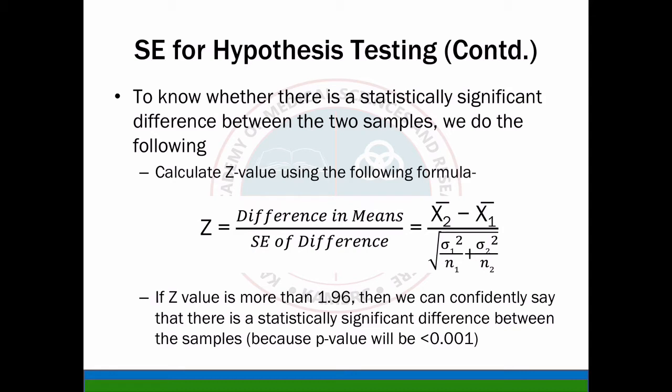If the Z value is more than 1.96, then we can confidently say that there is a statistically significant difference between the two samples. Then, when we calculate the p-value, it will be less than 0.001. That is, it is significant.